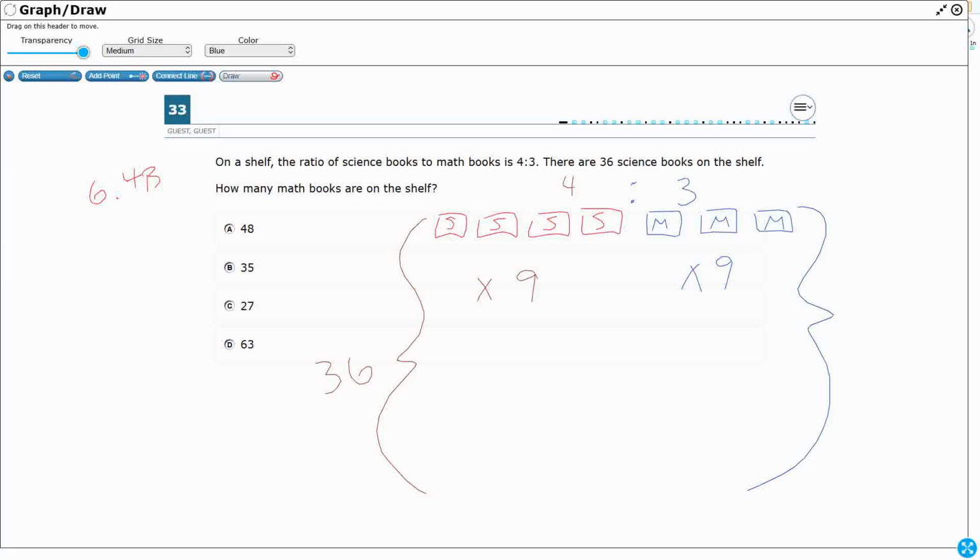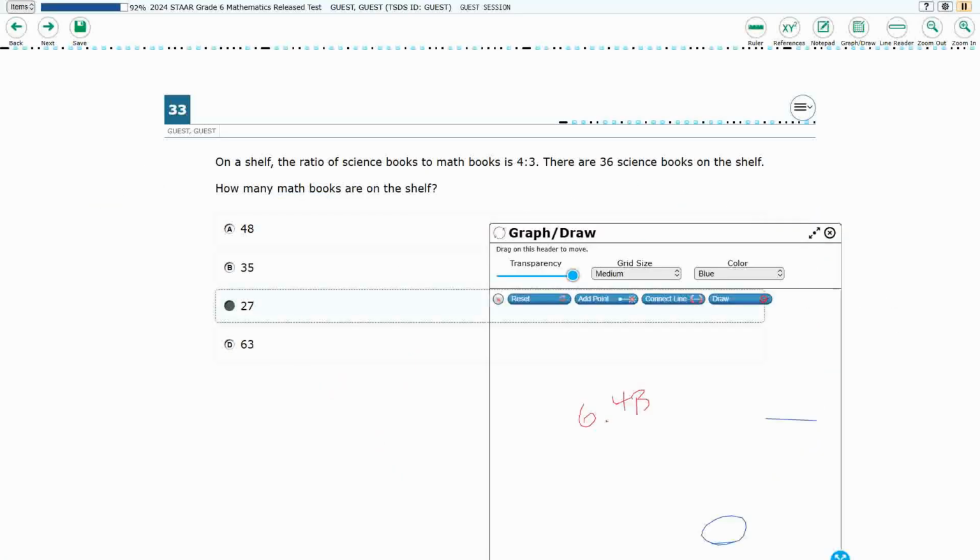If I had 9 sets of 4 science books with 3 math books, that would give me 36 science books and 27 math books, which is what I'm looking for. So that is going to be our answer of C.